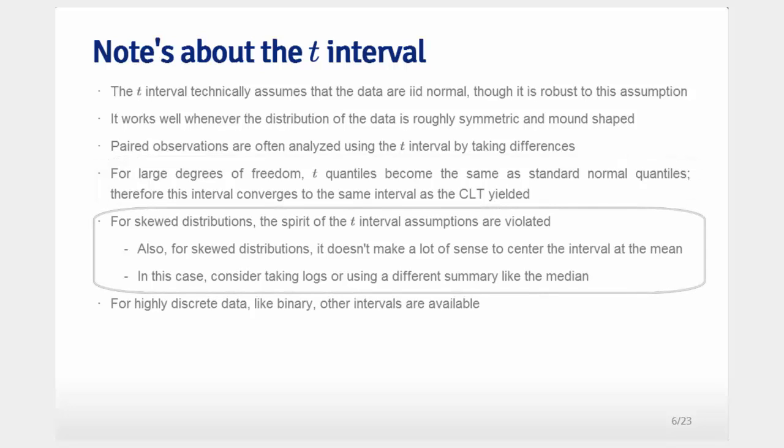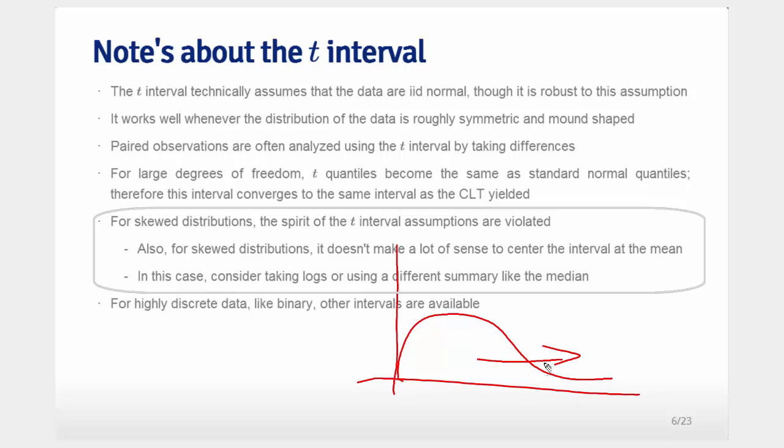For distributions that are skewed, for example, a distribution where some of the mass is pulled toward the right, the spirit of the t-interval assumptions are violated. And so you could either work on this data on the log scale, where logging will often take care of the skewness of the data, or you can use other procedures, for example, creating bootstrapped confidence intervals.